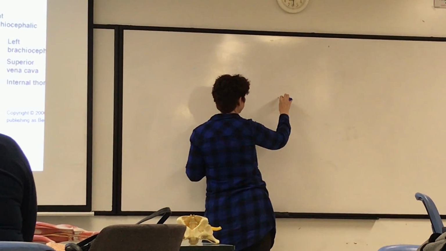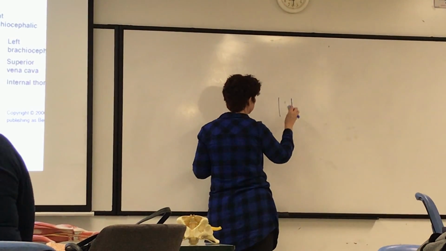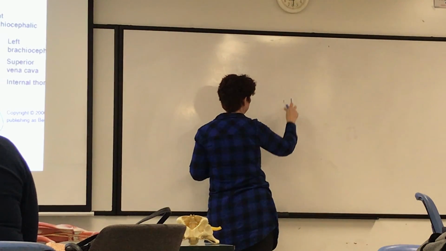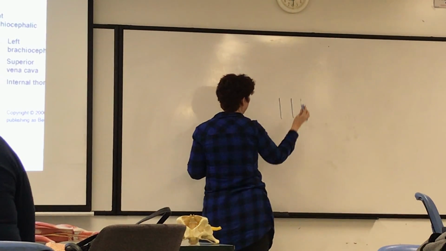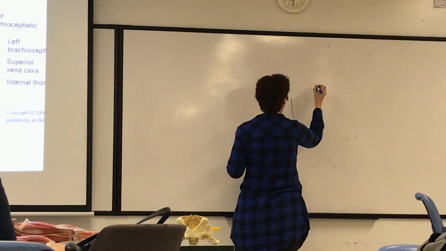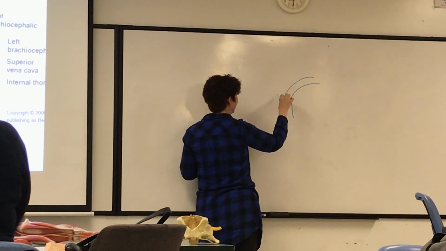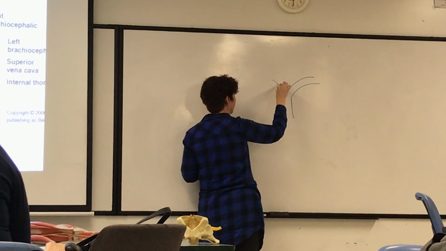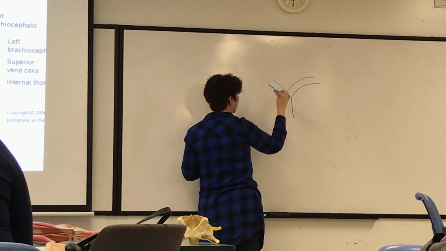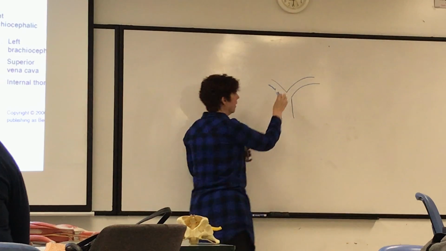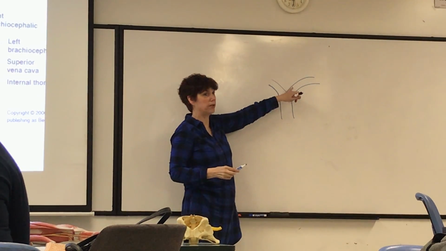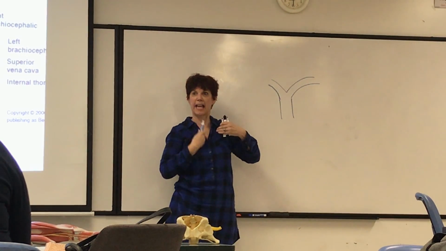So here is the superior vena cava. And it's formed by the union of the brachiocephalic, and I'll come back in and number these for you. So the right brachiocephalic vein is much shorter than the left because it doesn't have as far to go.